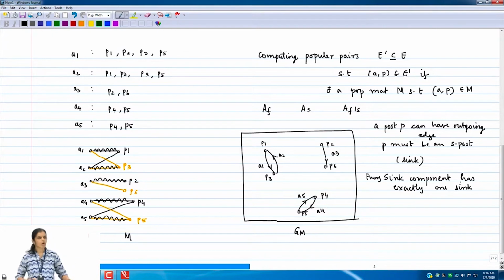Then the non-sink component is the one which has a cycle, right? Because if we do not have a sink, we must come back, right? So here we seem to have that there is only a cycle.